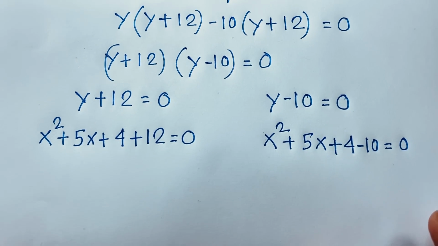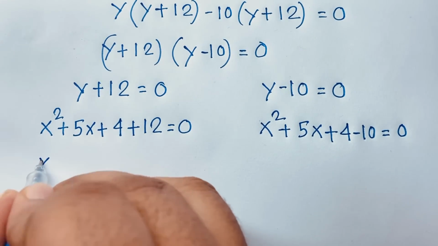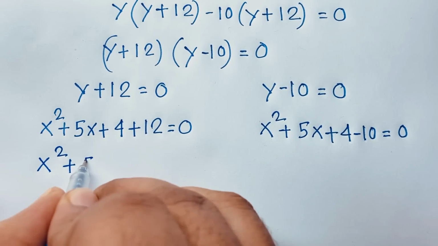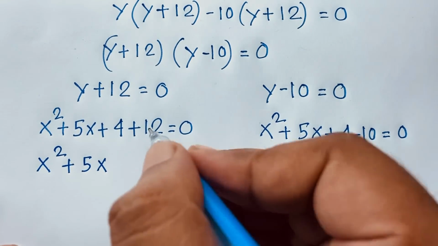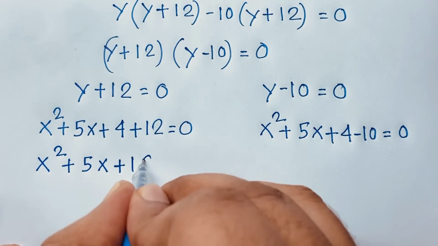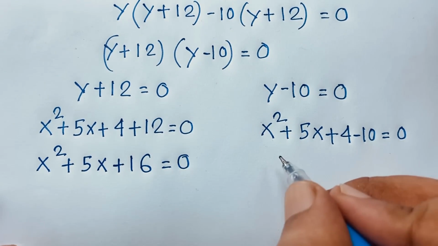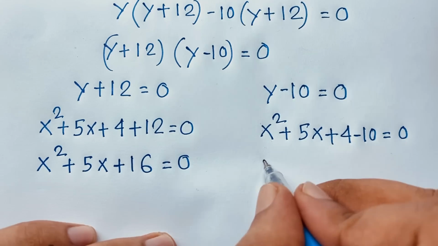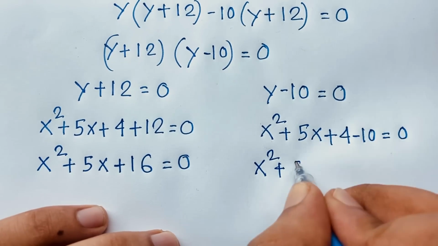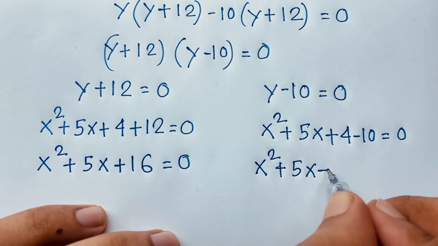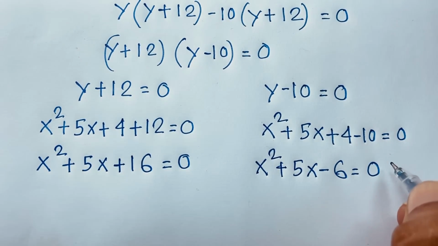Now you can see this expression: x squared plus 5x, then 4 plus 12 is 16, is equal to 0. But here x squared plus 5x, then negative 6 is equal to 0.